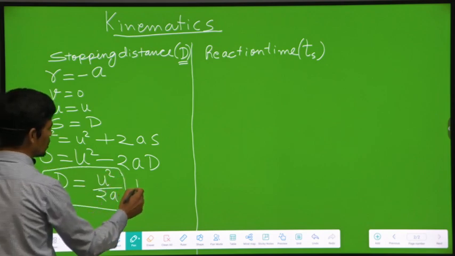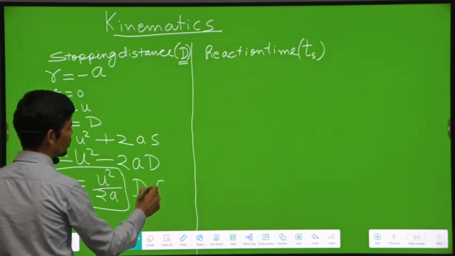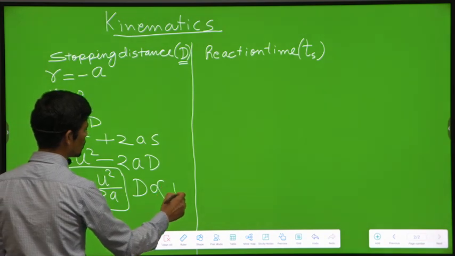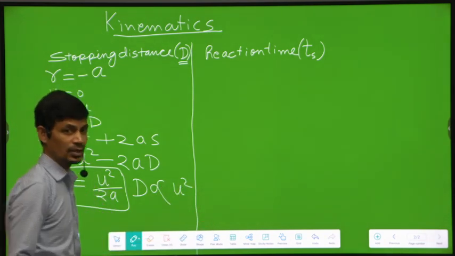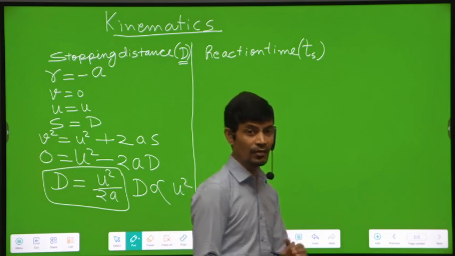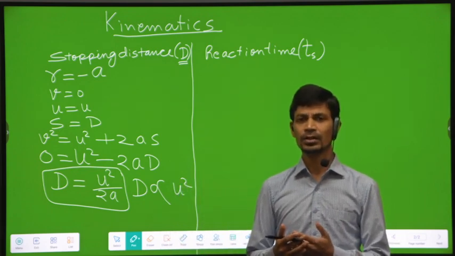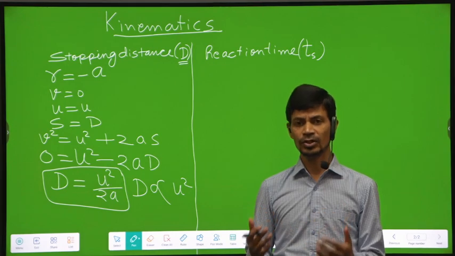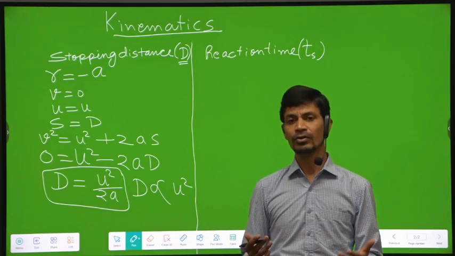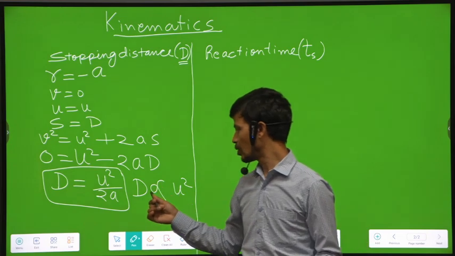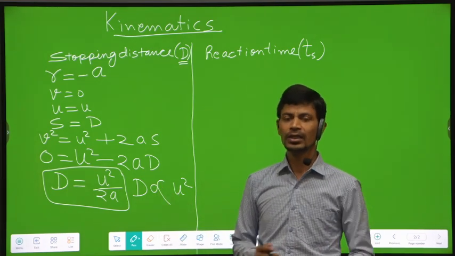Acceleration is constant, so stopping distance is directly proportional to the square of the speed. So if you increase your speed by a small amount, you need to be conscious that now your stopping distance should be greater.